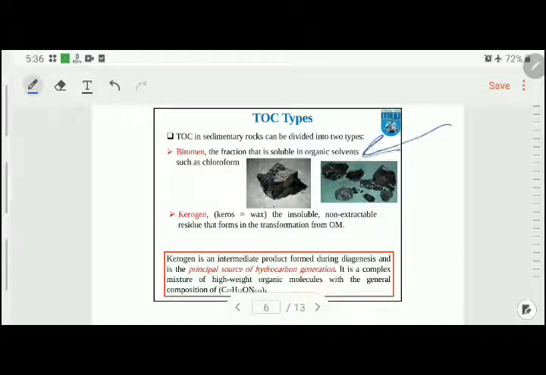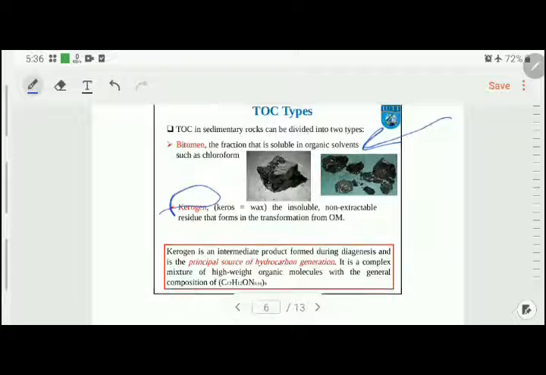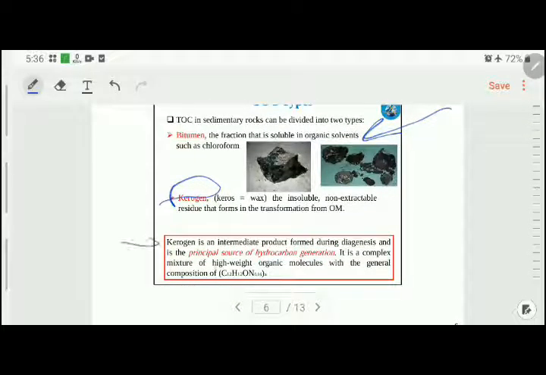The TOC in sedimentary rocks can be divided into two types: the bitumen type and the kerogen type. Kerogen is defined as an intermediate product formed during the diagenesis process, and it is the principal source of hydrocarbon generation. That is, without kerogen there is no petroleum.